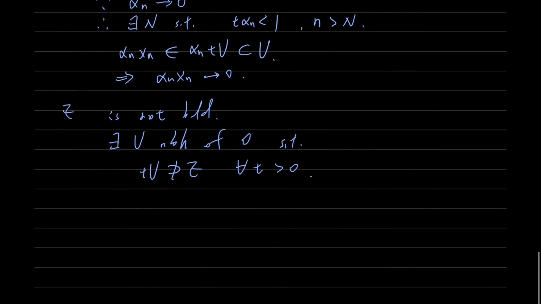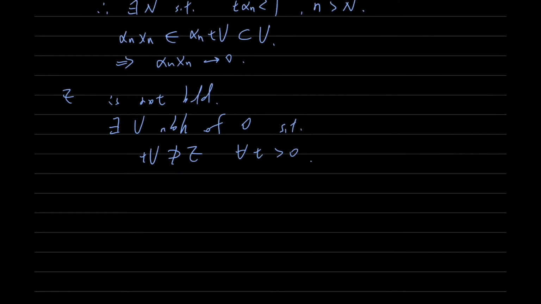And now we just pick a sequence in a way such that xn in E is not contained in nV.